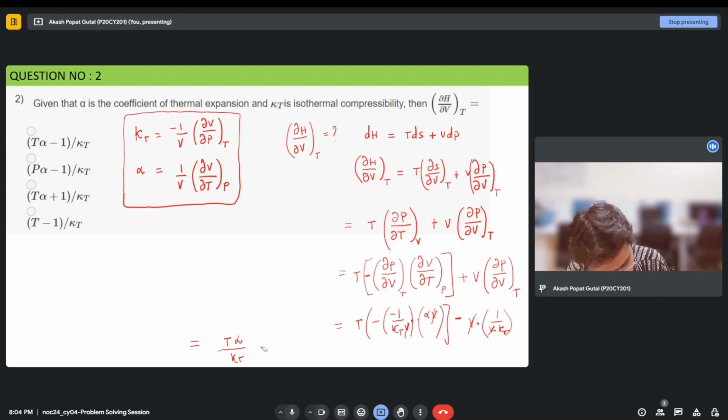So that will be negative, minus 1 by kappa T. That will give you the final answer: if you take out the kappa T, it is T alpha minus 1 over kappa T. That is our answer, option number A.